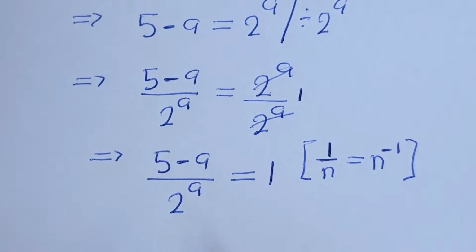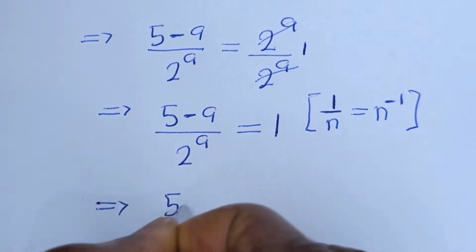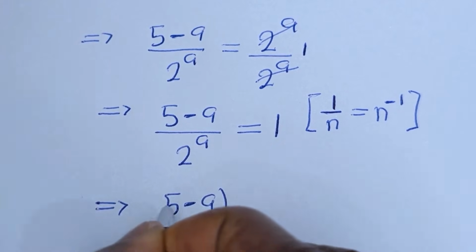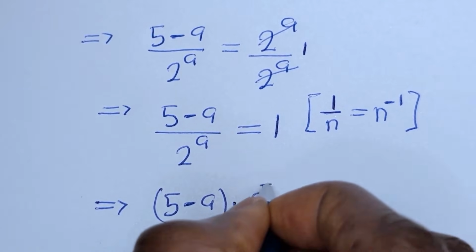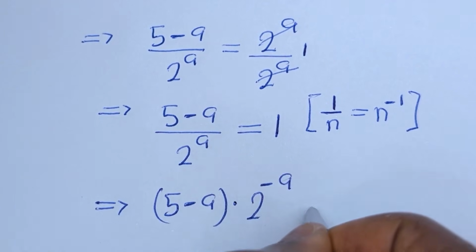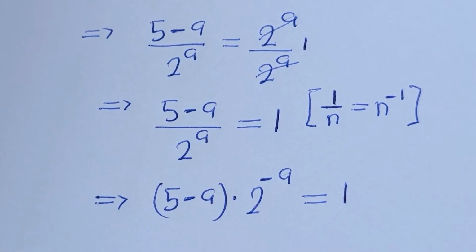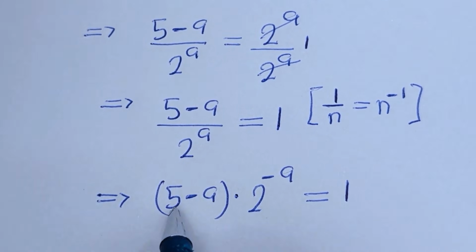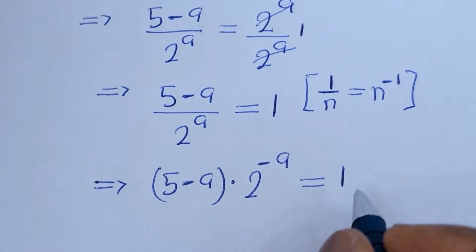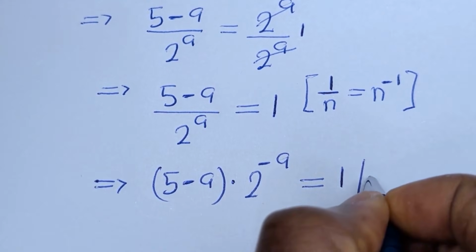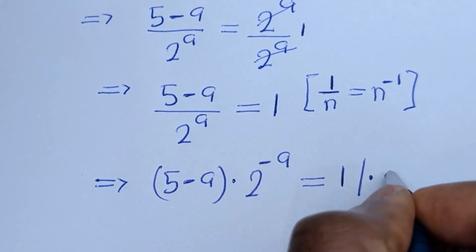Then this can be written as (5 minus a) multiplied by 2 raised to power minus a is equal to 1. So we want to make what we have here the same as the power here. Now let us multiply both sides of this equation by 2 raised to power 5.